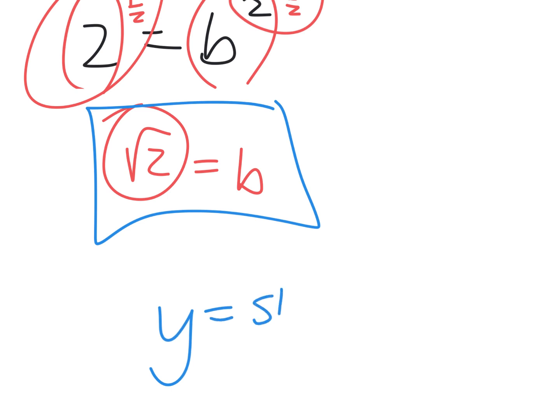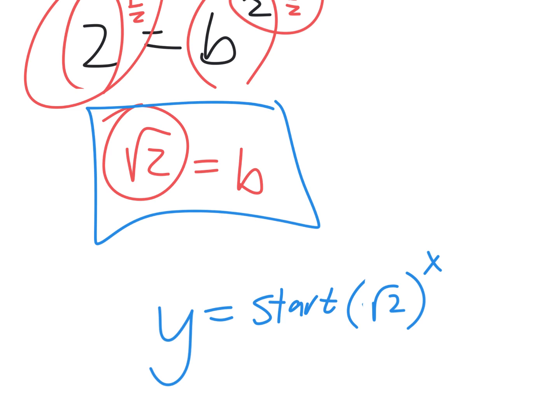The whole point was to write an equation like this. Y equals the start value, which we know, times some base value to the x. But we know the base now. The base is the square root of 2. Is the square root of 2 going to be bigger than 1? I'll get Siri to tell me.